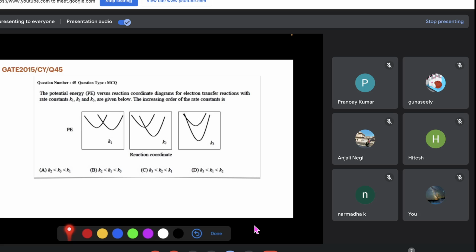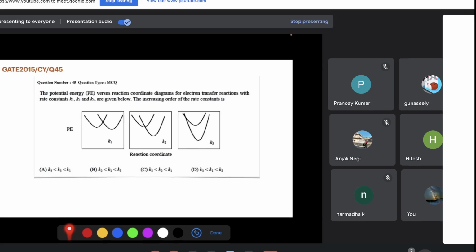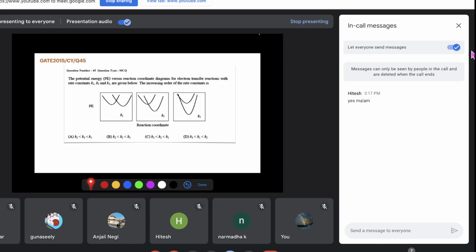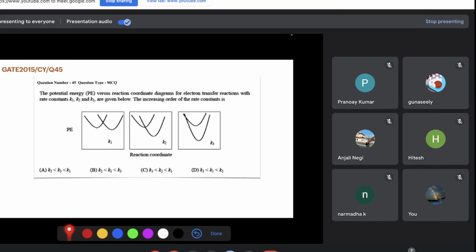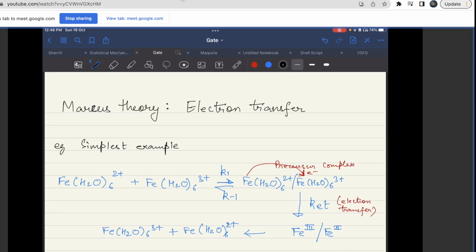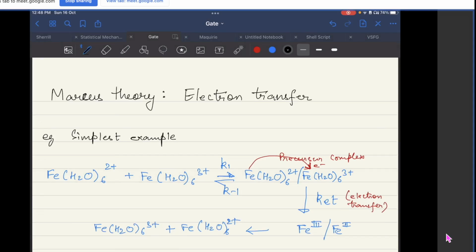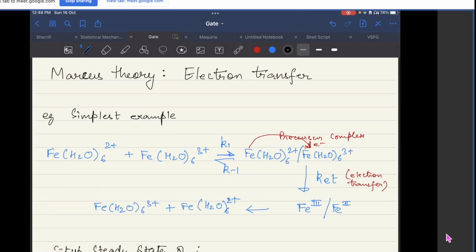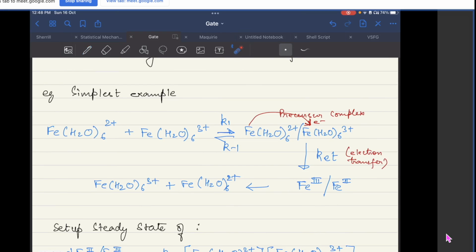And so before moving into the conclusion, we should go through some basics. So the basic comes from Marcus' theory of electron transfer. So for electron transfer, let's take one simple example like ferrous and ferric.